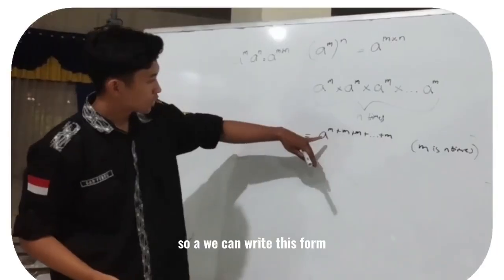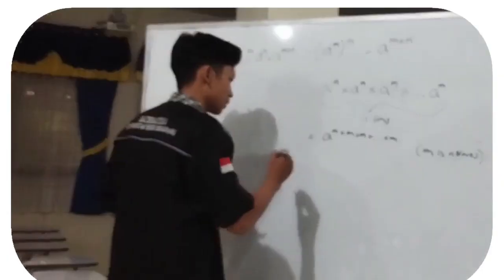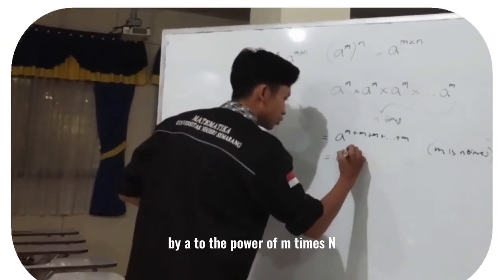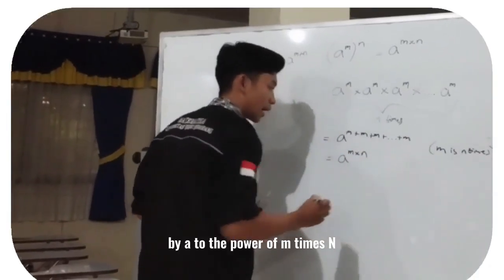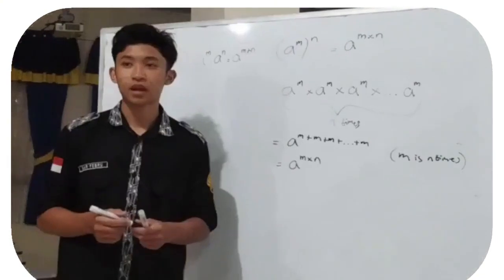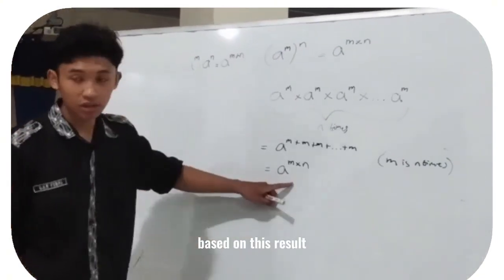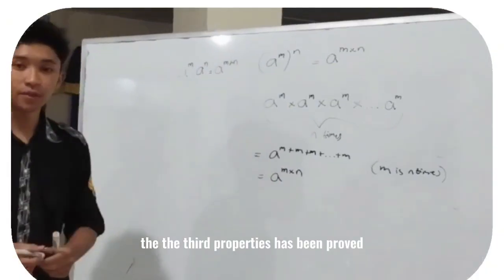So we can write this form as a to the power of m times n. Based on this result, the third property has been proven.